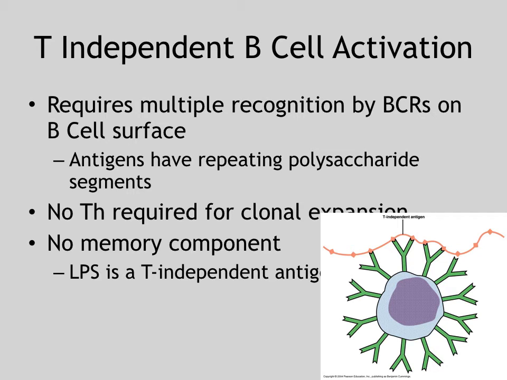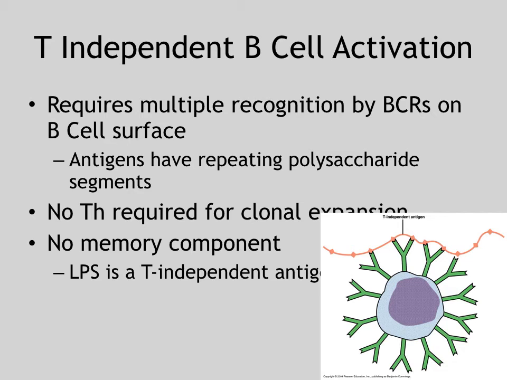There's been no activation of a pattern recognition receptor. We just have this giant antigen that has overwhelmed a B cell. The B cell will temporarily produce antibodies against it and become plasma cells, but there's no memory component. It's a one-shot deal.